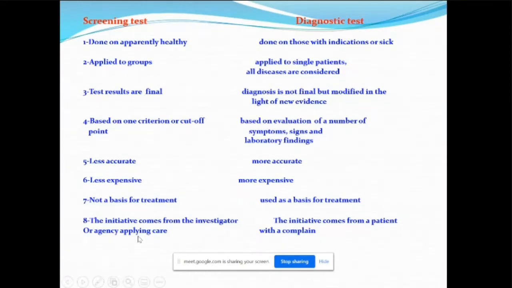And the last thing is that for screening programs, the initiative comes from the investigator, the agency, or the government, while for diagnosis, the initiative comes from the patient complaining of signs and symptoms.